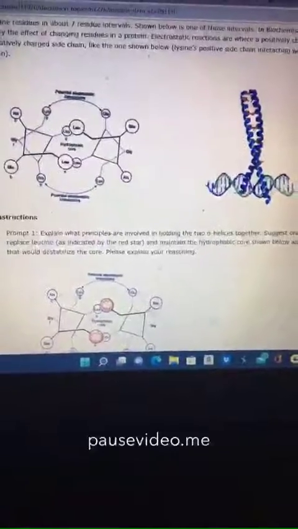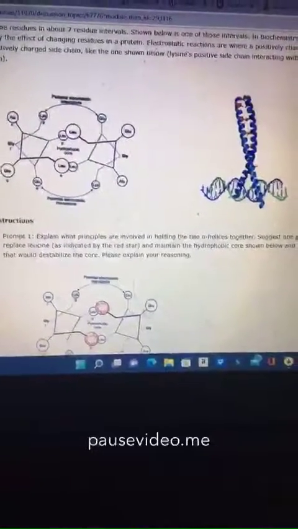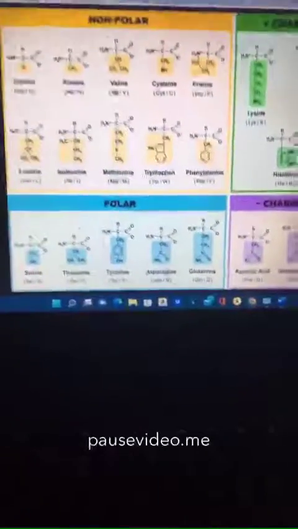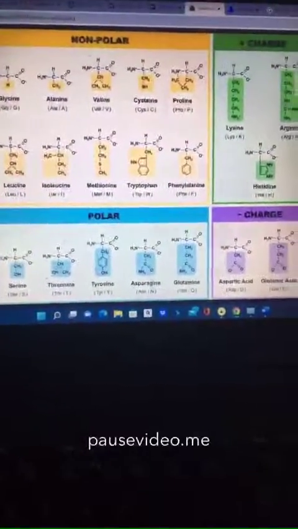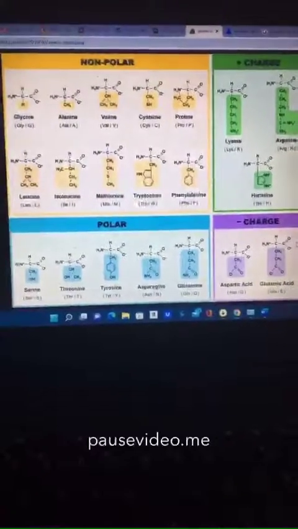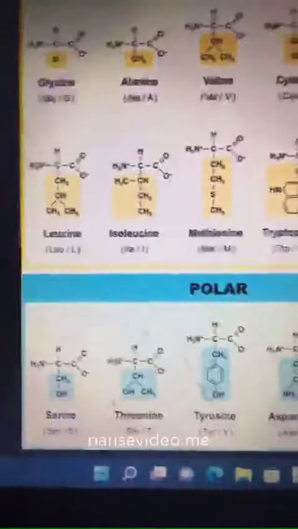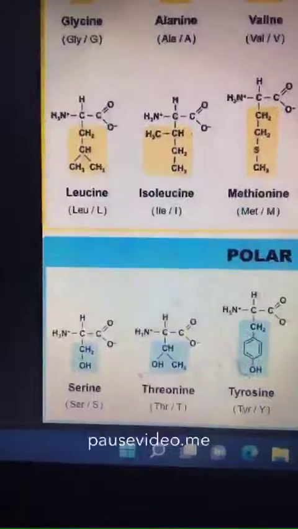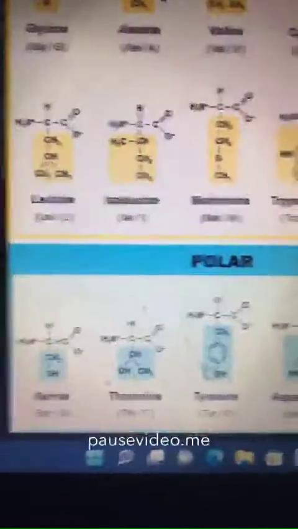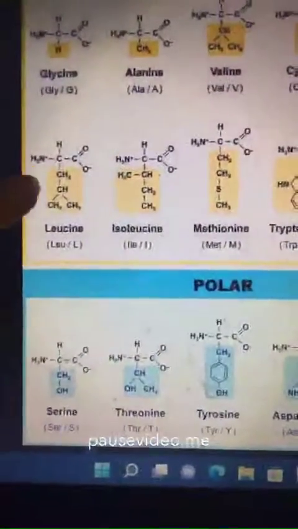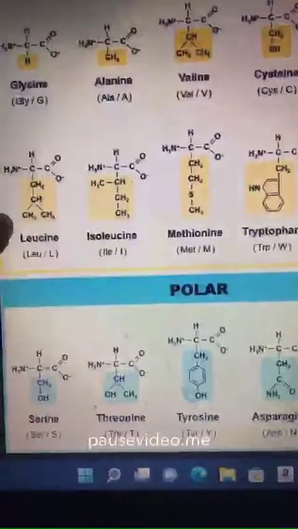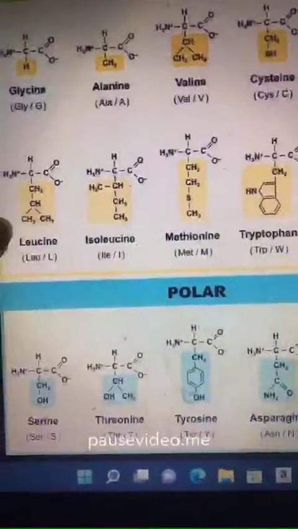The first thing we're asked to do is find a replacement for leucine. One replacement we can look at for leucine is isoleucine. Let's focus in a little bit here. If you look at the structure of those two, they're actually quite similar, and where they differ is where you're putting this CH3 group.